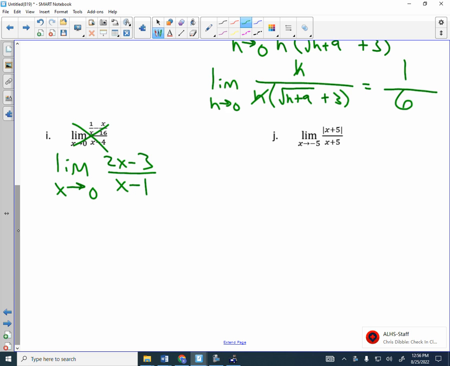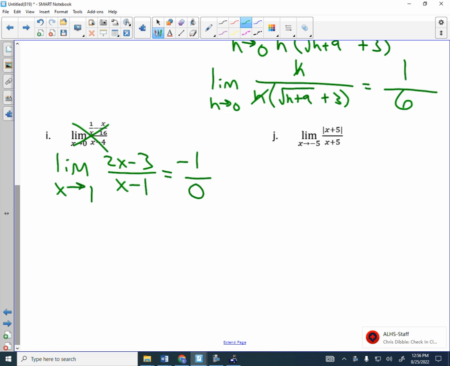Is there any way to get the x minus 1 to go away? No. In fact, if you plug in 1, you get 2 times 1 minus 3 over 0. So you're not getting 0 over 0, are you?